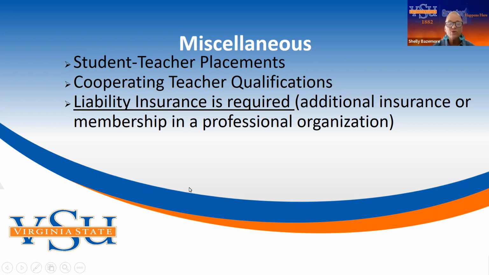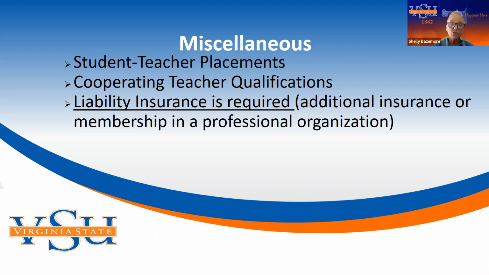Lastly, liability insurance is required for you to do student teaching. And it can come in the form of joining a professional organization such as the Student Virginia Education Association or the Council for Exceptional Children, or even another professional organization that may be in the math, science, social studies, or English area. But it does have to be a professional organization that would cover you in a classroom with insurance.